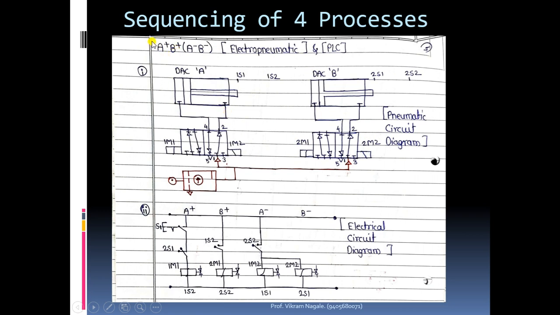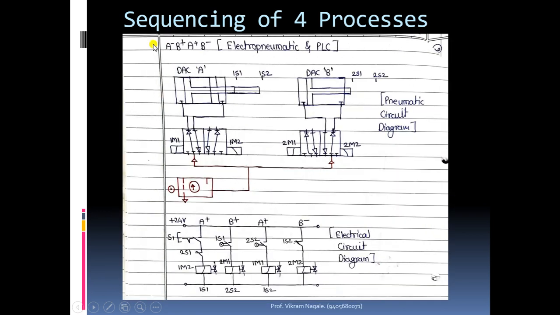Whenever there is a sequence like A minus B plus or A minus and B minus, we don't have to change the circuit diagram. In case the first process is A minus, here you can see we have connected this left side block for this double acting cylinder, and as per that this will be the position.